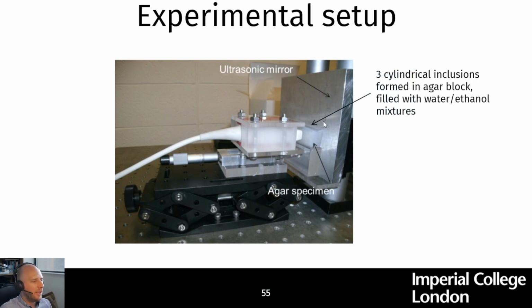So we've got here an ultrasound mirror agar specimen. The point of the agar specimen is that we can, without having to put boundaries in, because the boundaries can be sharp and introduce some reflections, use an agar block and then make holes in it, and within each hole we can fill a different water and ethanol mixture in order to control the wave speed within that region.